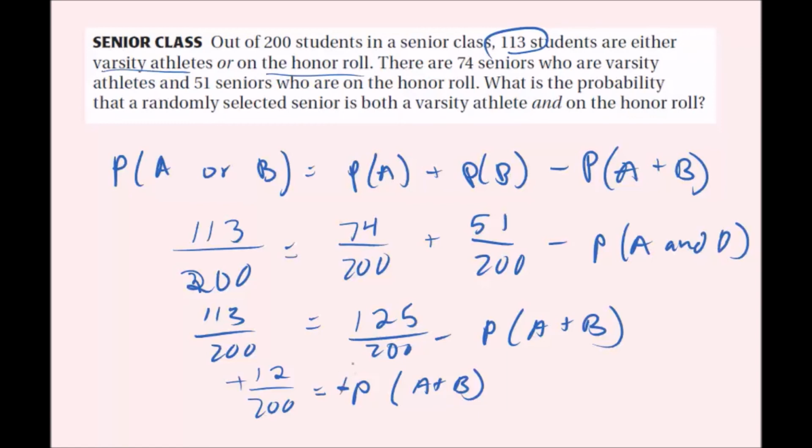So the probability that it's A and B at the same time, that they're a varsity athlete and on the honor roll, is 12 over 200, which we can reduce to 6 over 100, and that reduces to 3 over 50. So there's a 3 out of 50 chance that a student is both.